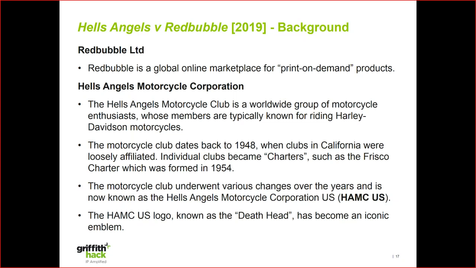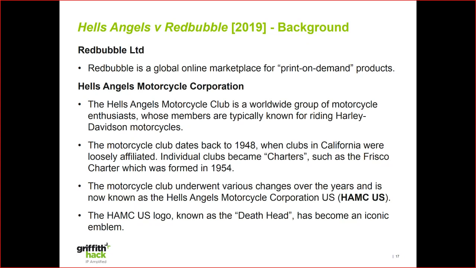So Redbubble got themselves into trouble in this case and another one, predominantly to do with copyright infringement, because people were obviously downloading images off the internet, uploading them onto Redbubble, and arranging for the manufacture of heaps of merchandise. That was primarily the heart of the case, but trademark infringement was an element that Hells Angels had pursued, so Justice Greenwood had a look at that.